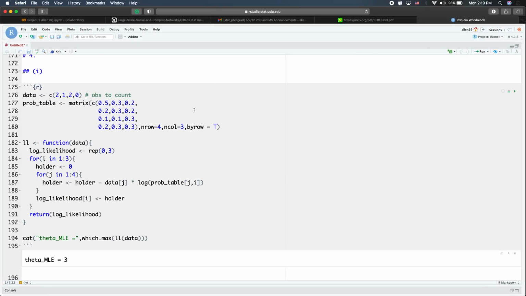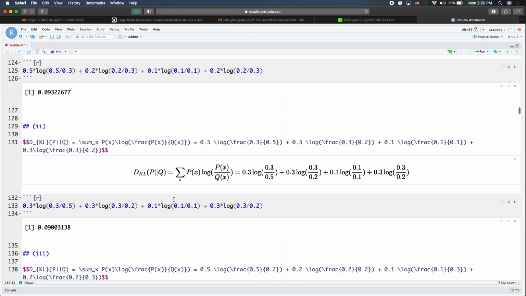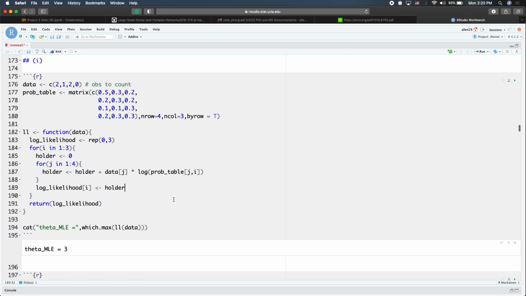And then we plug into the log likelihood. Let's see if we have that. Yeah, so here I plug in this table as the probability for the 3 distributions, and then we plug into the log likelihood.